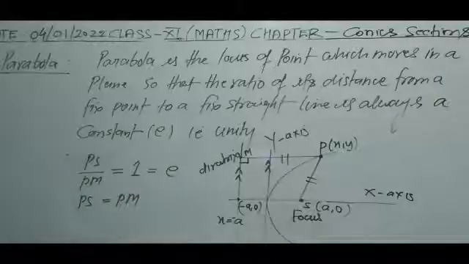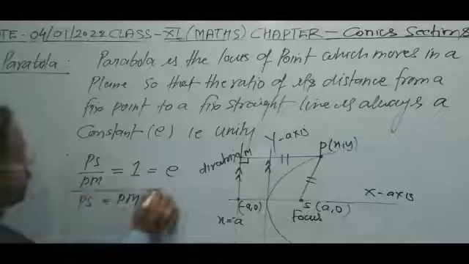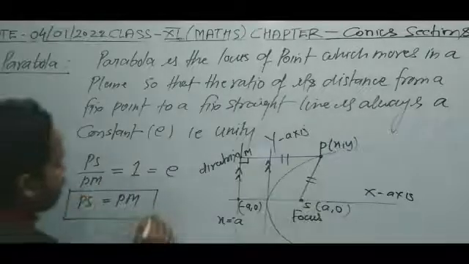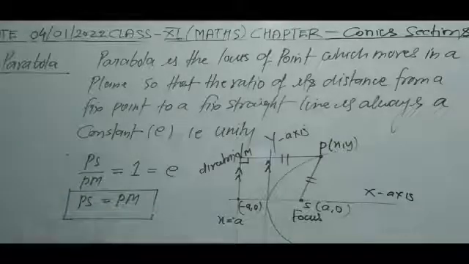Now PS is equal to PM, this is the condition for conics to be a parabola. This is the condition. Now you can see.